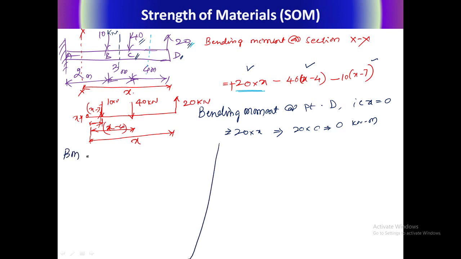bending moment at point C, that is x equal to 4 meter. Suppose x equal to 4.1 meter, how many loads are going to come? How many loads are going to be included?